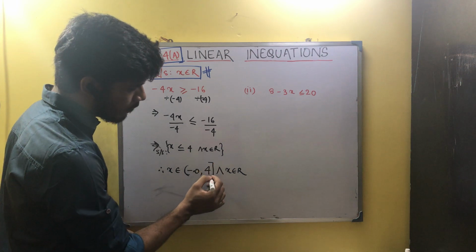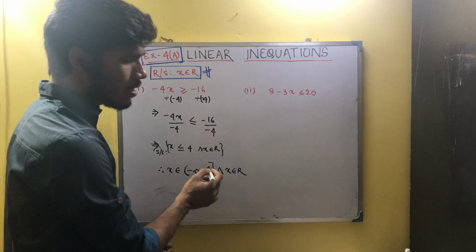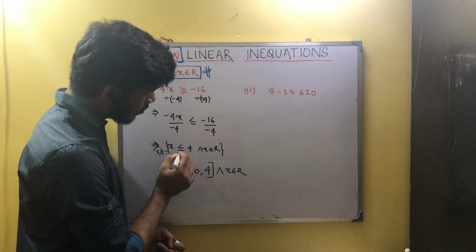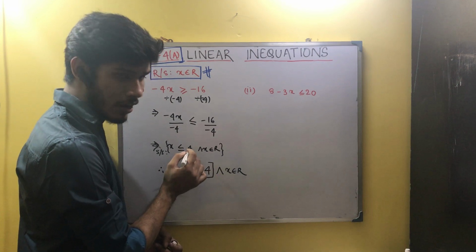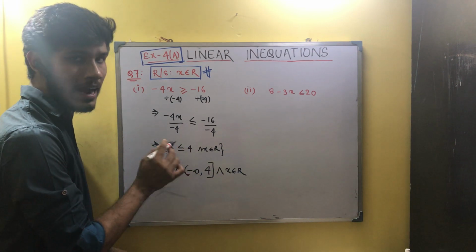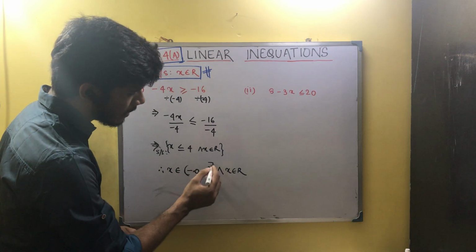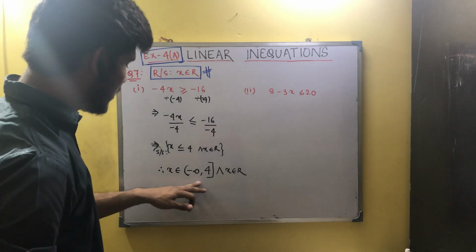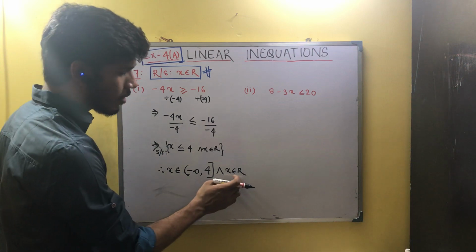Now 4 we have to include, so this is the big bracket. This big bracket shows that the number written beside it is included in the solution set. Since we have the less than equals to sign, 4 is also included, which means x can have the value of 4 at max or less than that. And this is true when x belongs to R, that is, x belongs to real numbers.